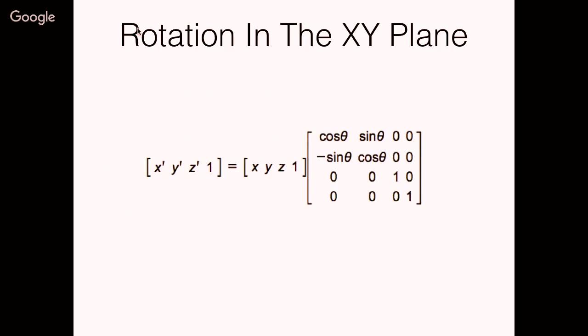So you say, we've got a point which is X, Y, Z, and it's got a funky one on the end, W. And then in order to rotate it in the space, we've got the same rotation matrix that you saw before, but Z doesn't change because we're just rotating in the XY plane. Z doesn't change, so we just put a 1 in the identity bit for Z and a 1 for W. And that gives you a rotation in the XY plane in 3D space.